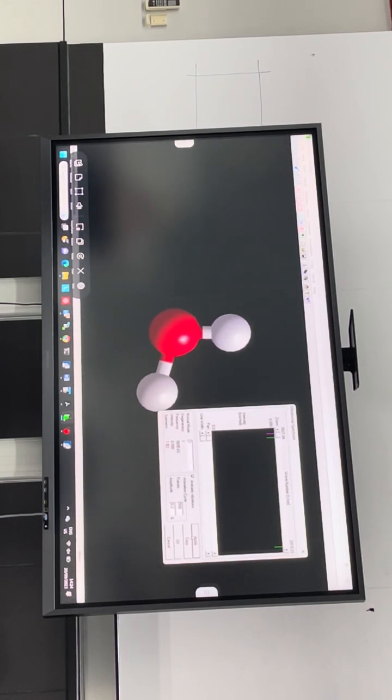And you can explain it a little bit by the fact that the oxygen has to move less. I think it's a correct explanation.